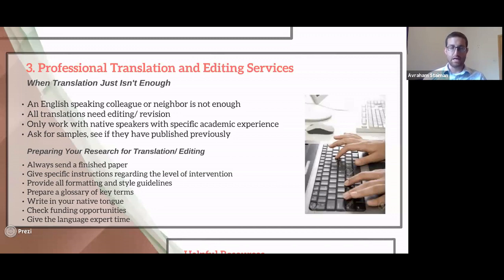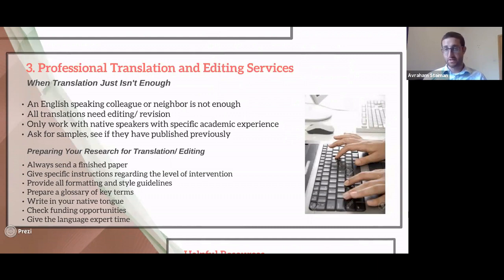It's as simple as that. Professionals have trained to do this work. They have experience doing this work, and they've learned from their vast experience working on academic papers.